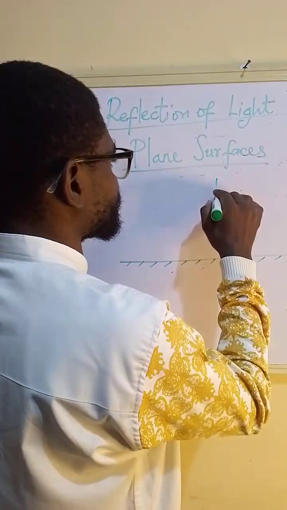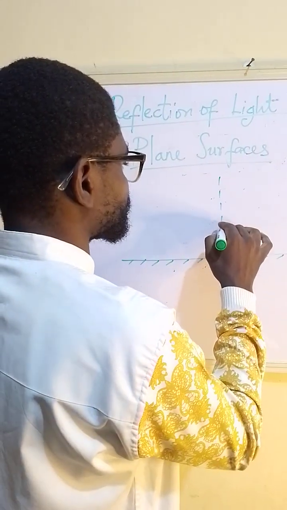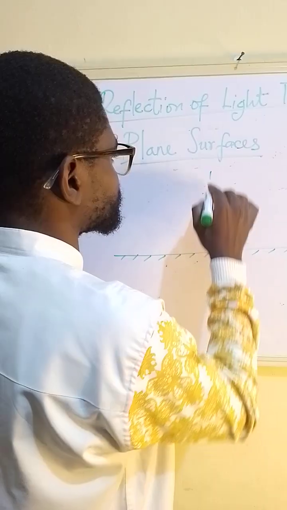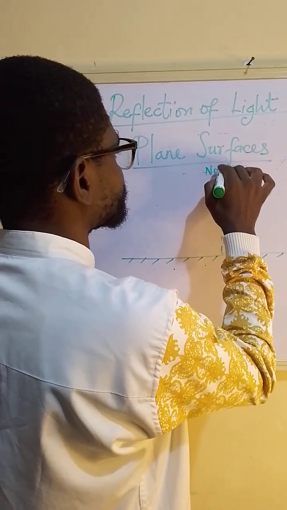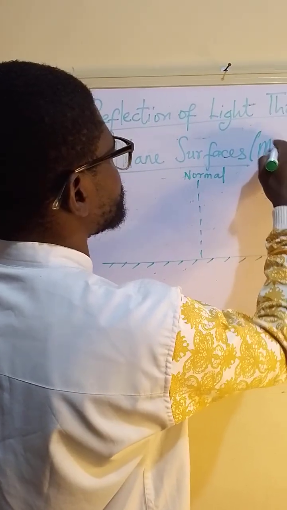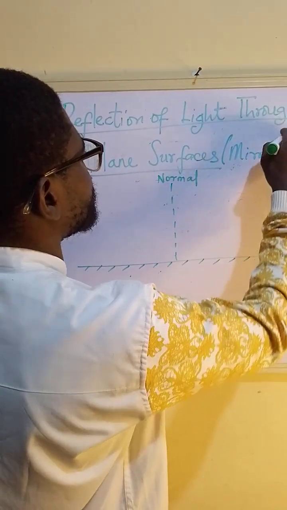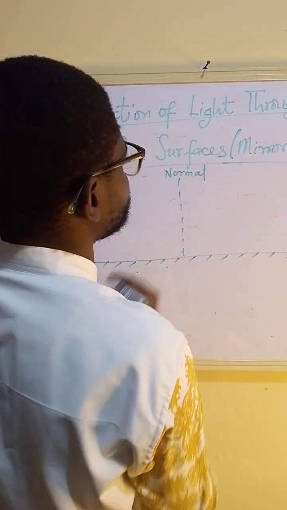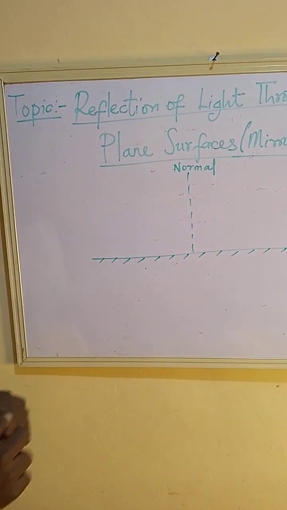we have something which we call the normal. So let me put mirrors here, so that you know we are talking about the plane mirror.